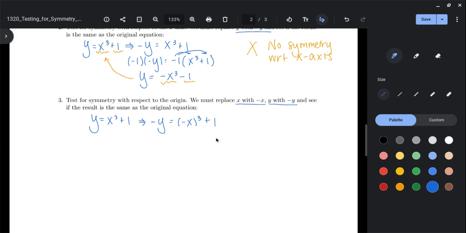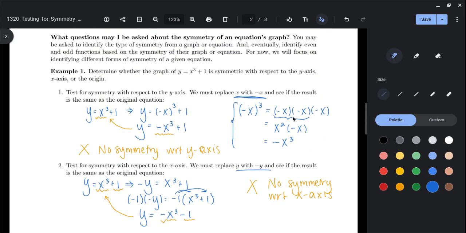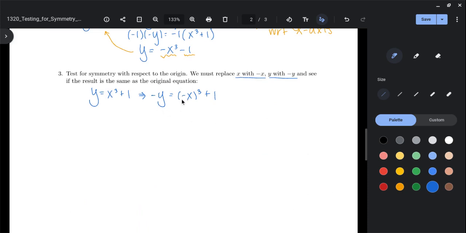Now, if you think back to our test with respect to the y-axis, when we plugged in a negative x, we determined that this quantity of negative x being cubed is going to be just negative x cubed. We can drop the parentheses. So we can do the same thing here for our quantity negative x cubed. It's just negative x cubed without parentheses.